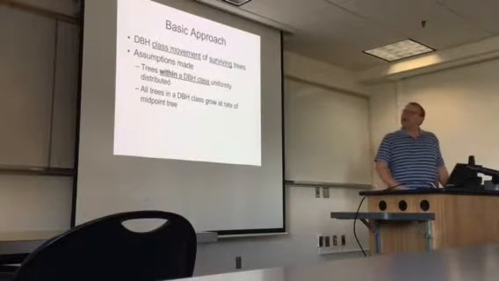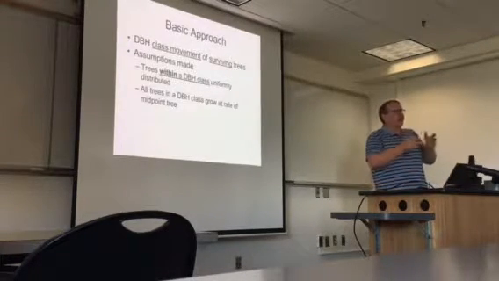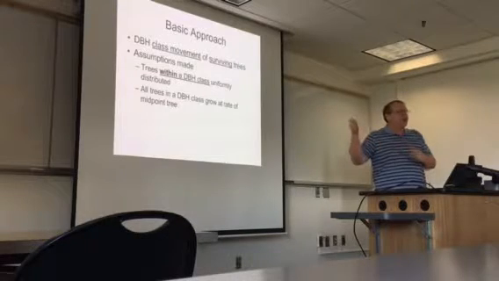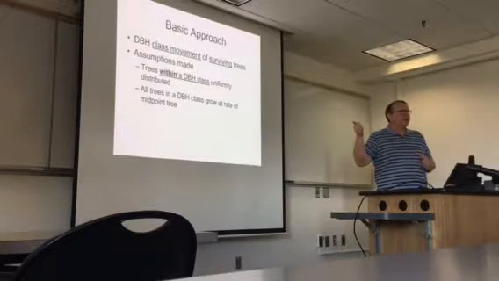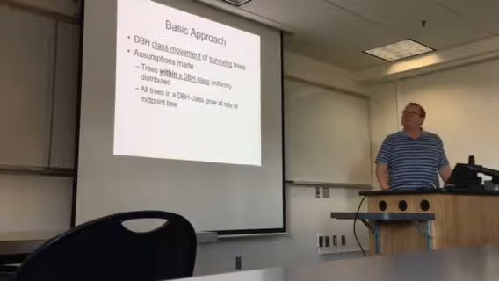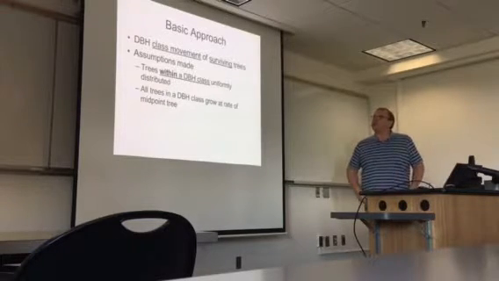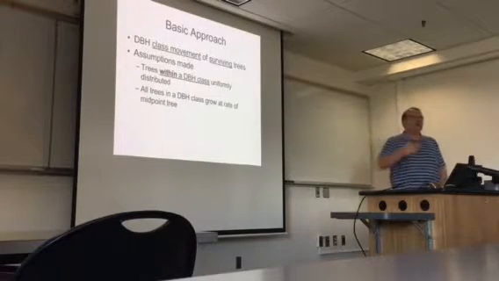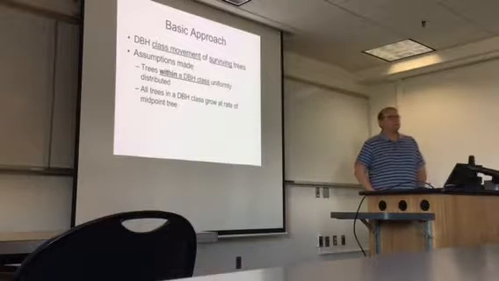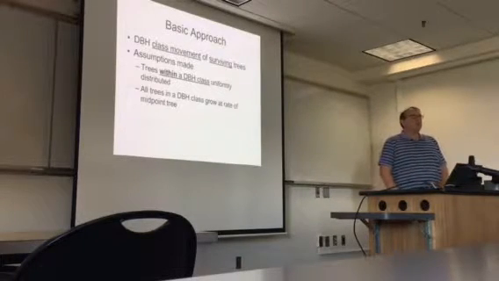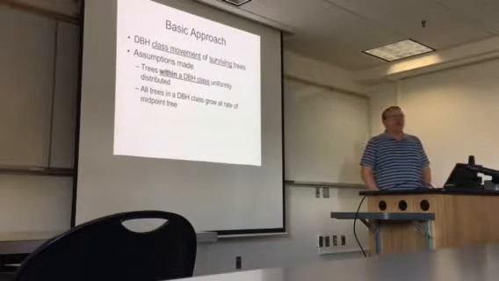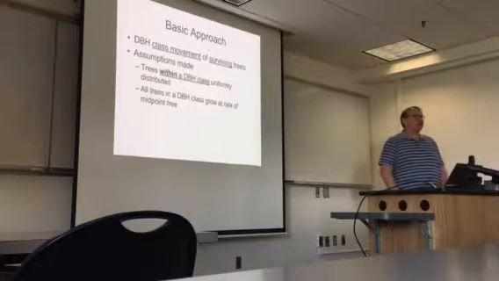To do that, we're going to make two assumptions, and they're actually variations of stand-table projection that make different assumptions. These two make the most sense to me. We'll first assume that the trees within a DBH class are uniformly distributed. That does not mean we have a uniform DBH distribution.